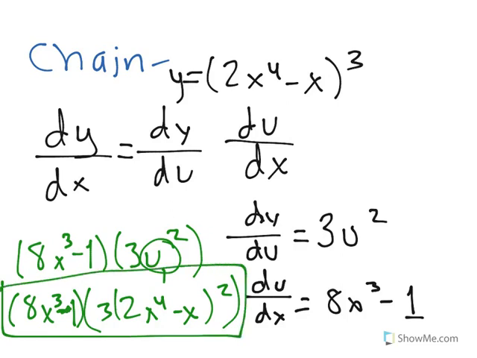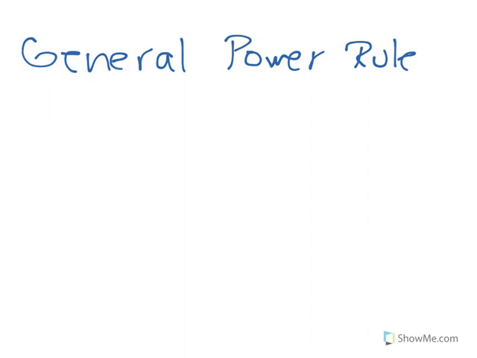Let's see if we get the same thing using the general power rule. We have y equal to 2x to the fourth minus x, all cubed.